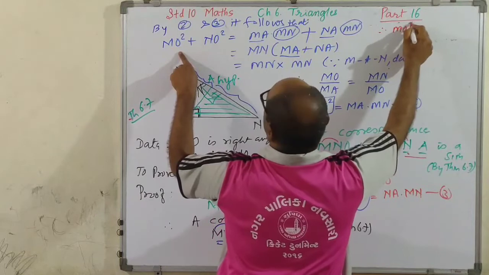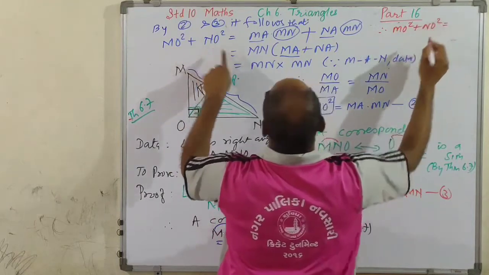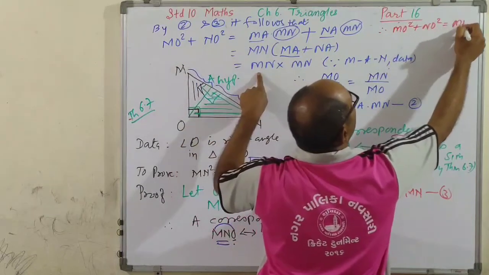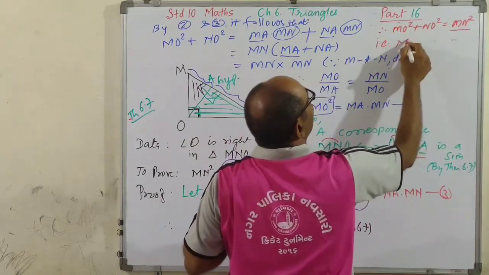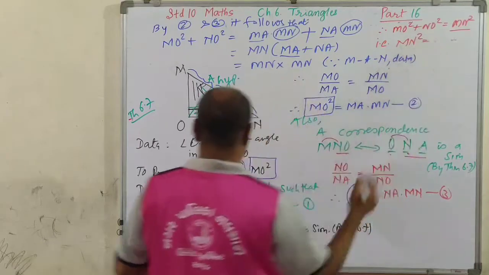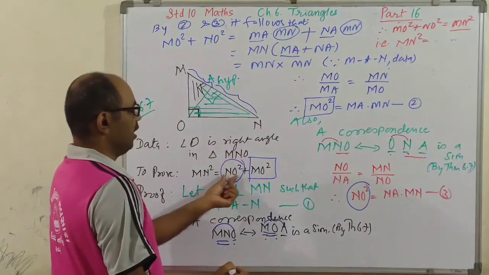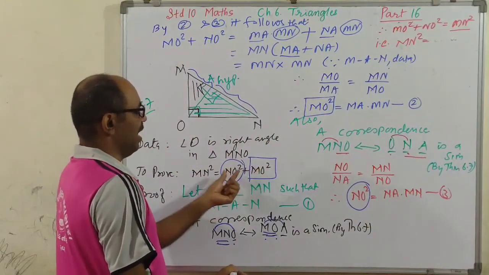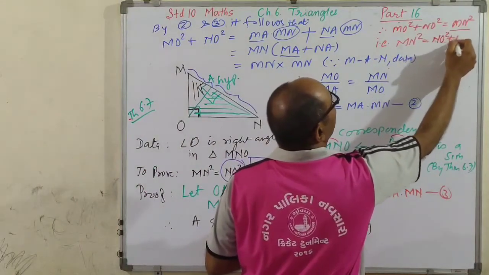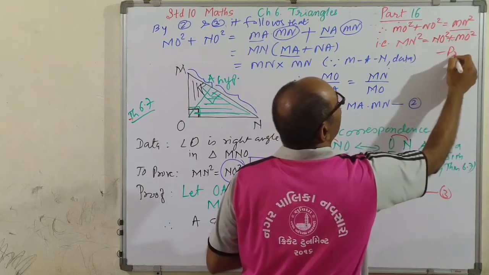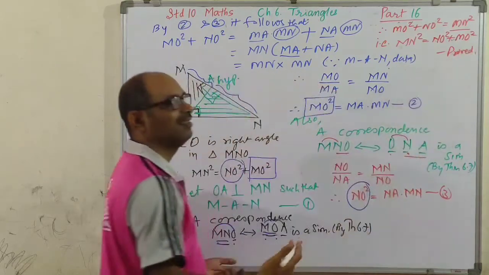Therefore, MO square plus NO square, what you got? MN into MN, MN square. That is, you can say MN square is equal to NO square plus MO square, or you may write MO square plus NO square. Proved. So simple. That's it.